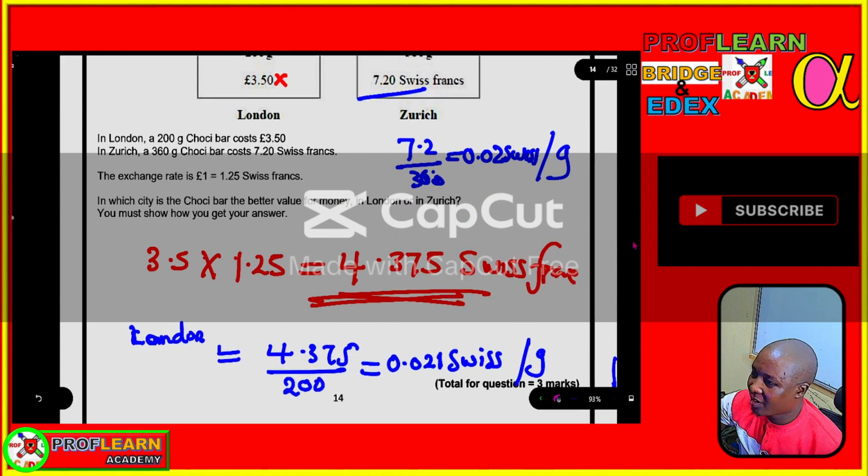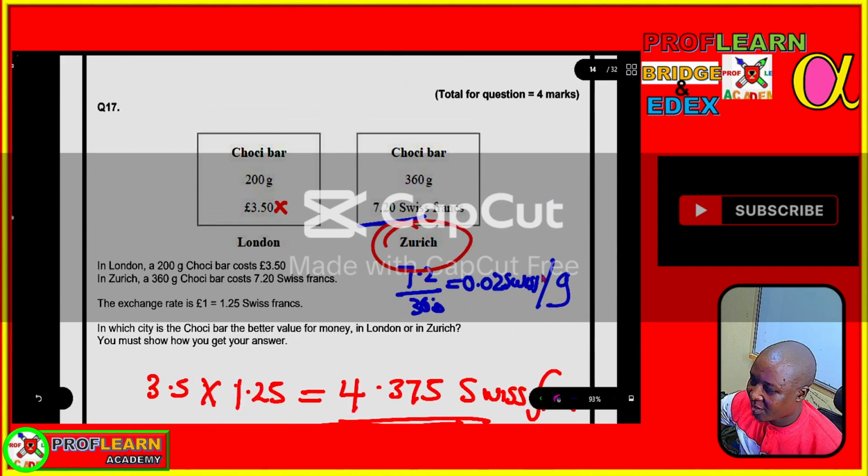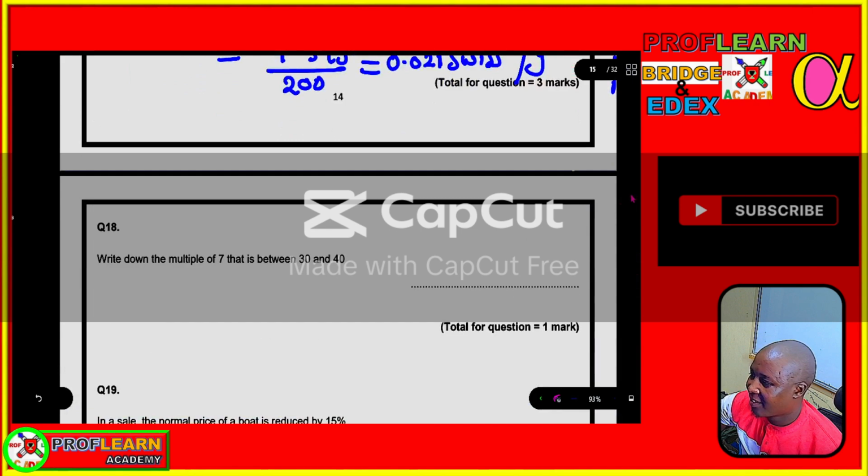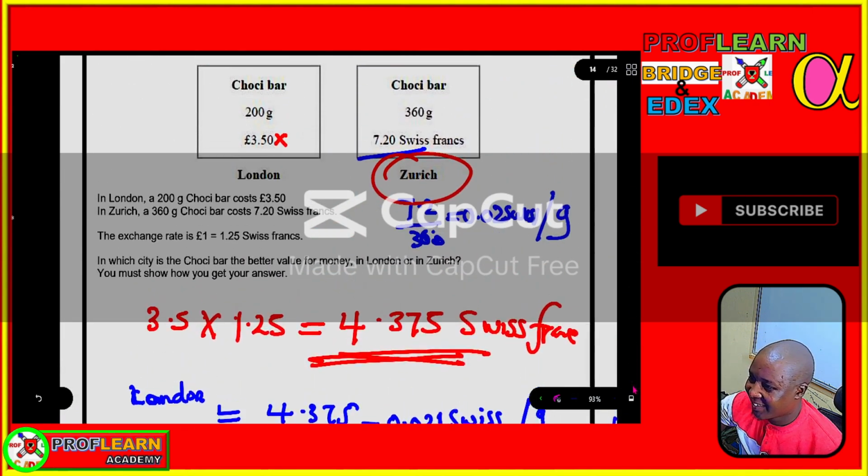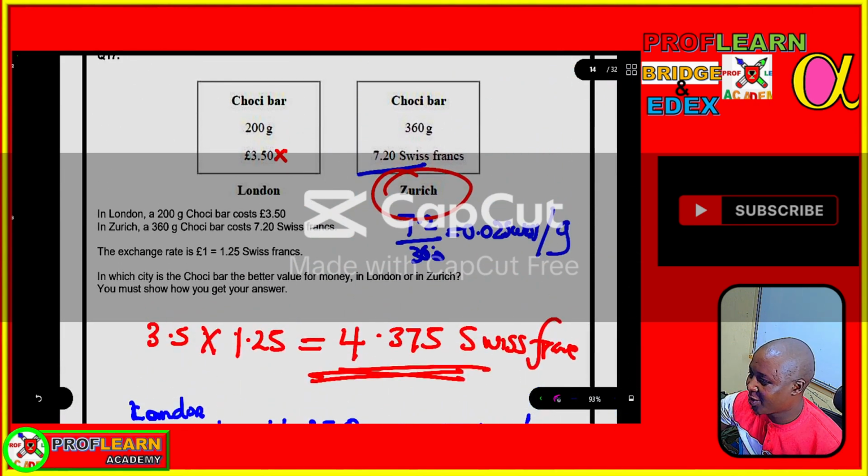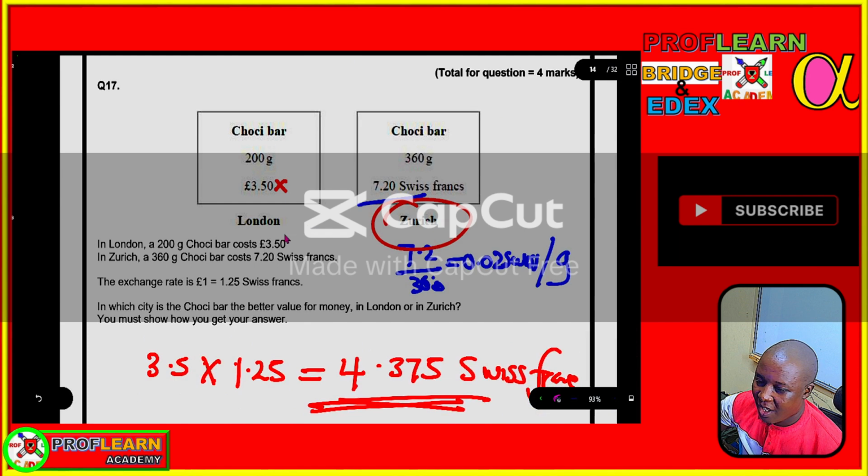The better value is in Zurich. Better value for money is for Zurich. So Zurich is where we're going to do that purchase.